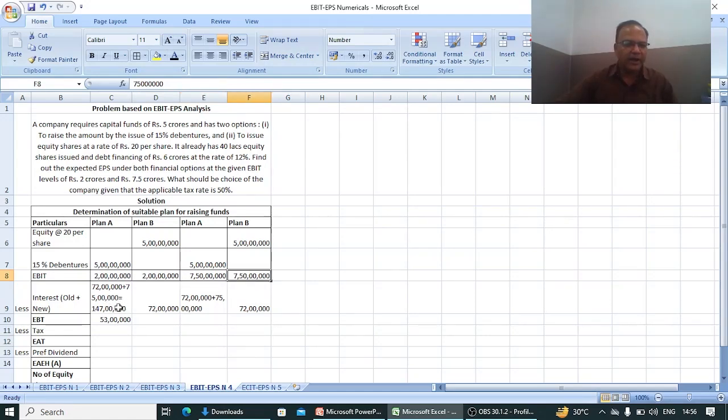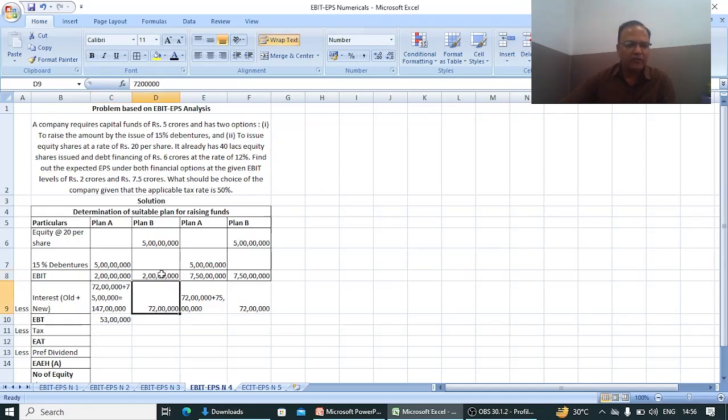Now deduct interest from EBIT. If we deduct 147 lakh from 2 crore, it will be 53 lakh.